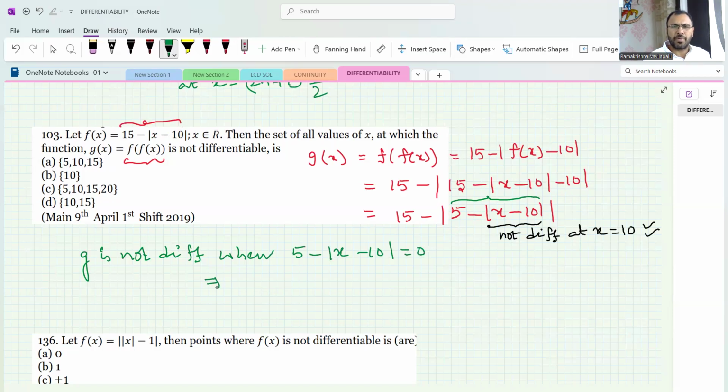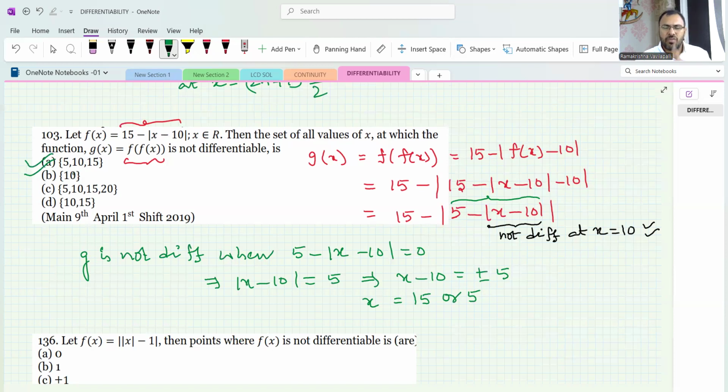It is very simple: modulus of x minus 10 equal to 5. Now open the modulus, put plus or minus 5 on the RHS, and you will get x equal to either 15 or 5. So we got 3 points at which the function is non-differentiable.